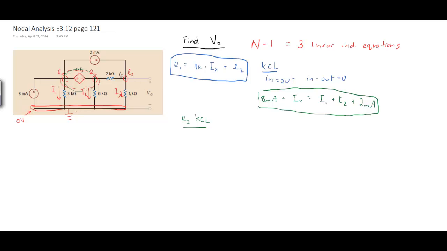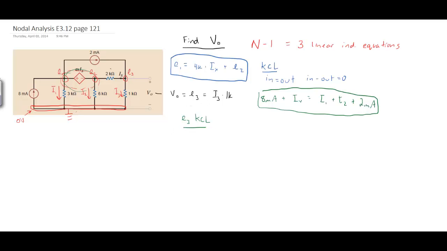V out, the drop across this resistor, is actually going to be equal to the voltage drop across the resistor, I3 times 1K, or E3 minus 0 over 1K. So that's something we can use to relate. E3 equals I3 times 1K. But that's not our KCL. Sorry for doing that right now, but we're going to use that later.